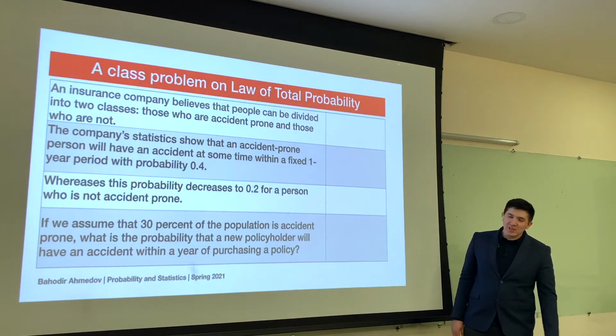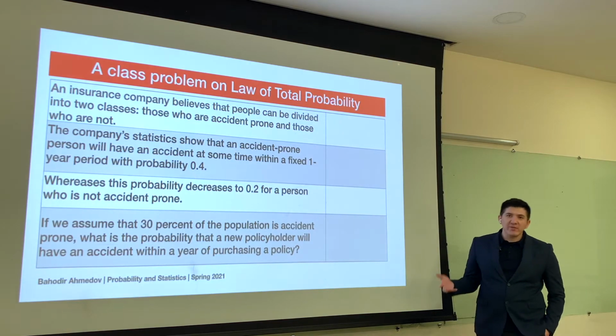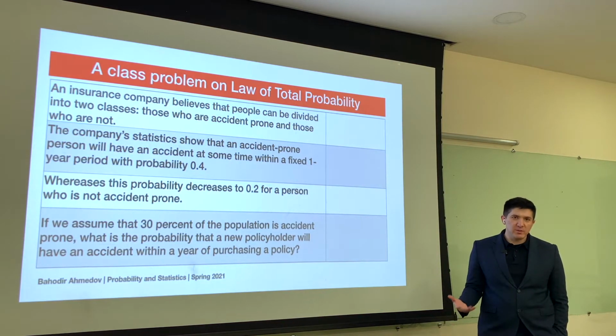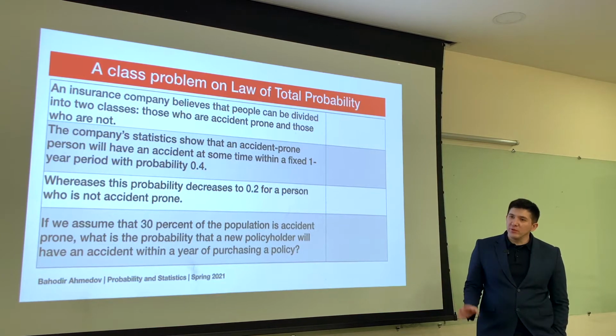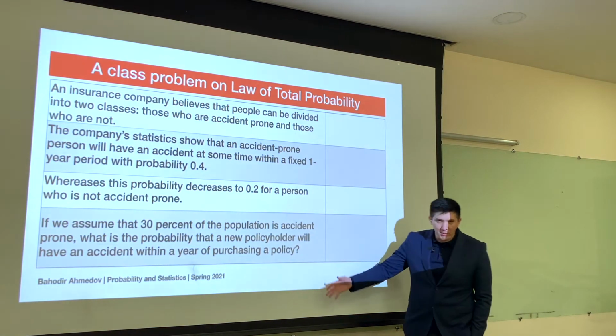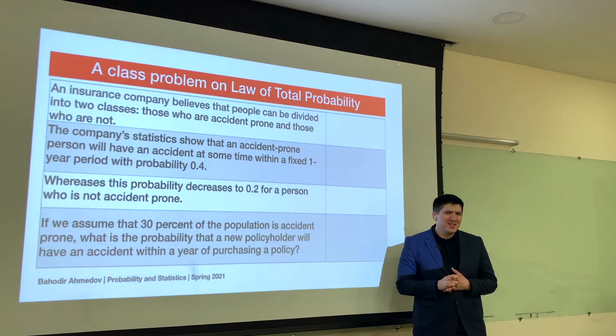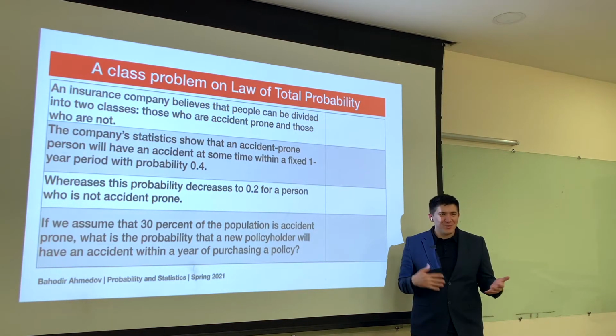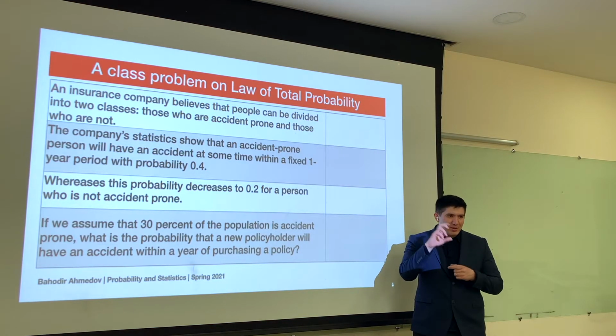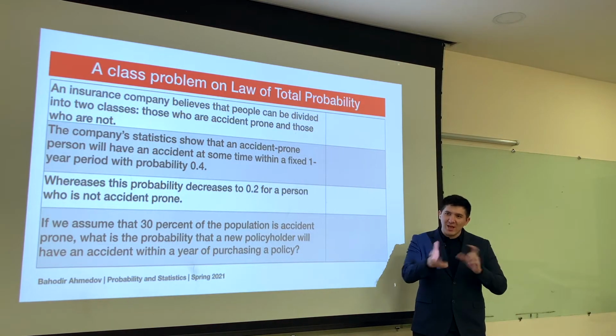Okay, so let's do this together. We are going to have this kind of problem a lot during this course, so I would like to give you some suggestions. Yesterday I spent a couple of hours to make the structure, how to structure the question so that it is clear how to write this down mathematically.